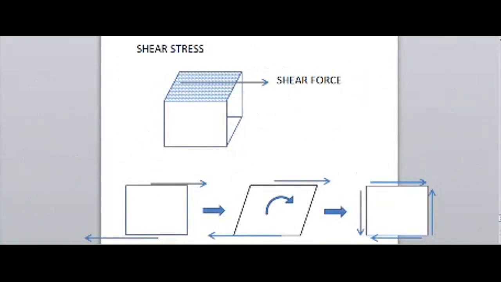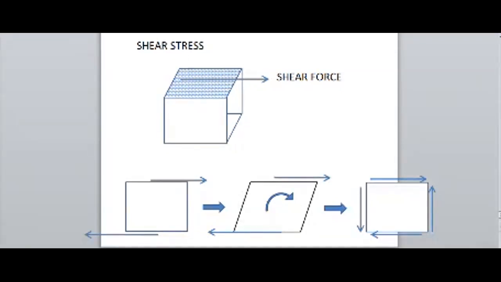If you observe this component, a shear force is applied on it. Due to this shear force on the tangential area, we will get a shear stress. It is represented by tau.